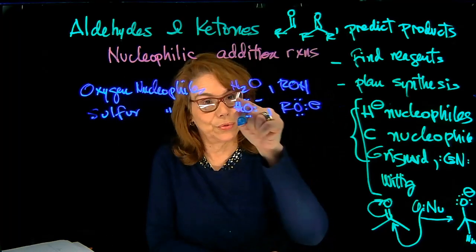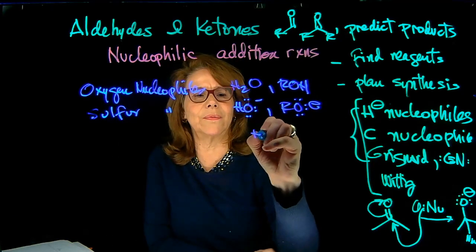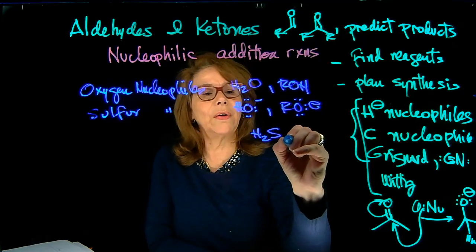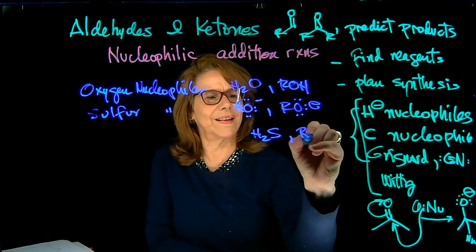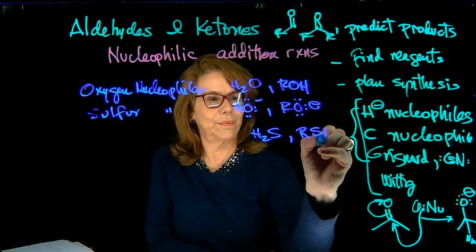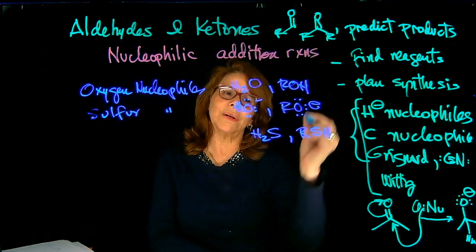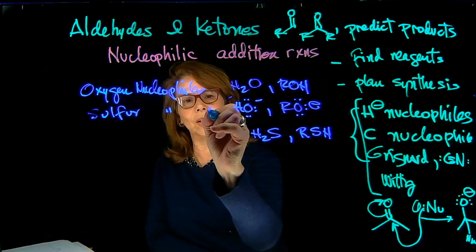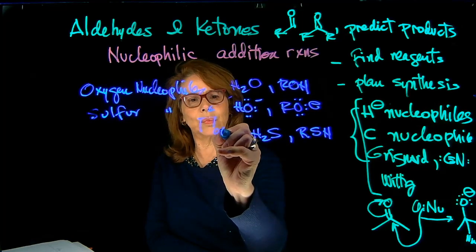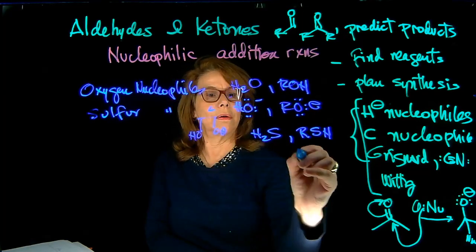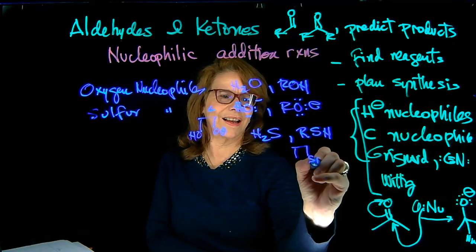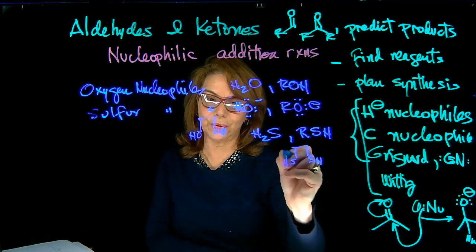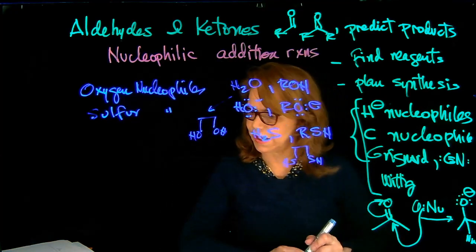Similar to this, you will have hydrogen sulfide or thiol or mercaptan. We also have in this category diols, for example this, or dithiols. So all of those. So we're going to be studying these reactions.